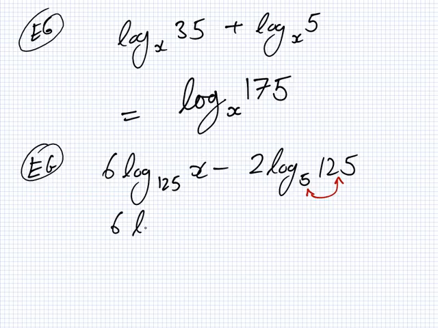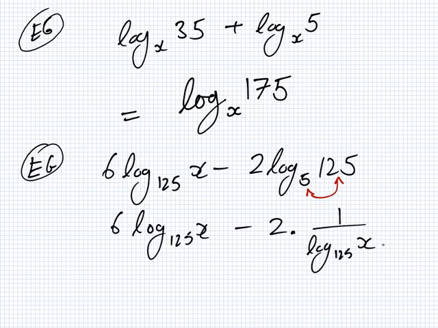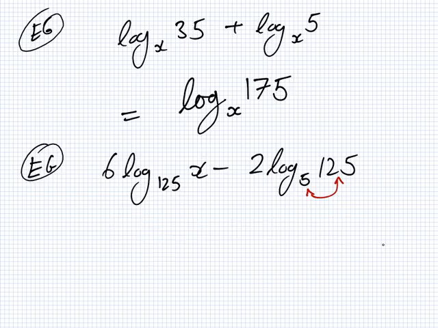So I'll swap these. 6 times 1 over log x 125 minus 2 times log 5, and 125 is 5 cubed. So this is 6 over log x of 5 cubed minus 2 times, and this here is 1, well, 3.